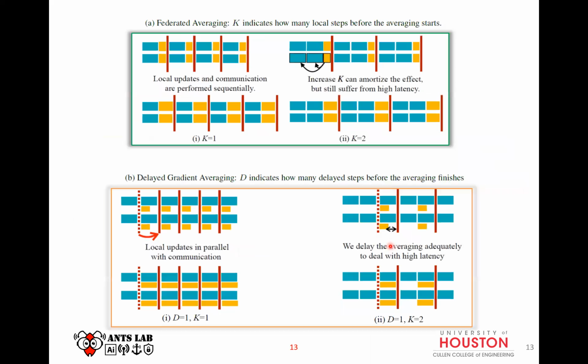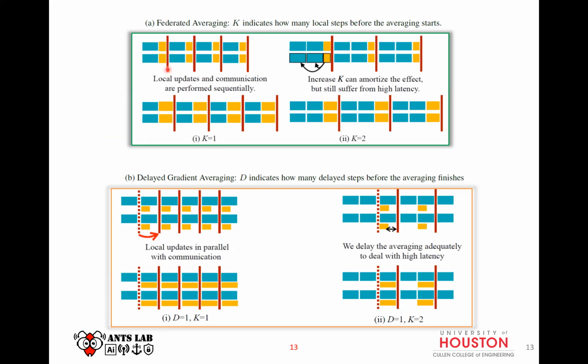Further emphasizing the main idea of this work, let's look at federated averaging. Let's imagine that this red line means the averaging step is taking place, whether on the server or on the devices in case of no servers. In case of one local round, you have one local round of computation, followed by one communication, and then the averaging takes place.